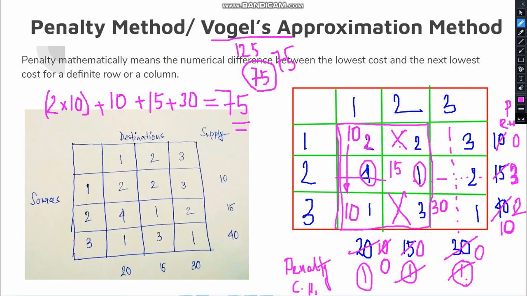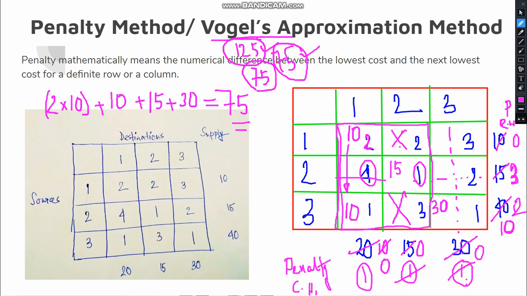Whenever you are using northwest corner, this is very easy, but it will give you trouble when you are going to optimize it. Similar logic is applied for matrix Minima method also. It is quite simple, but when you are going to optimize the problem, you will face some troubles.